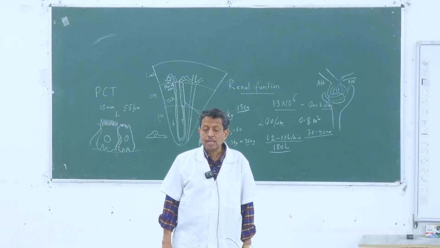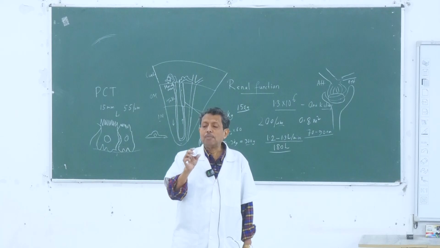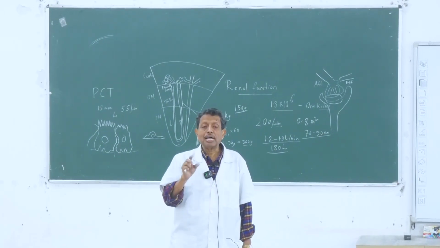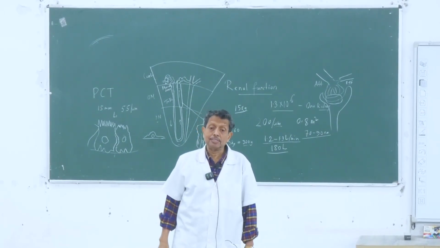These three types of cells come together to form the juxtaglomerular apparatus.